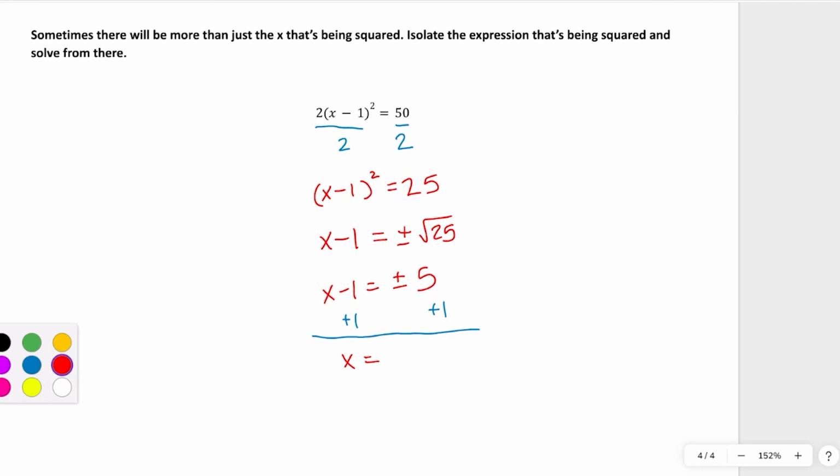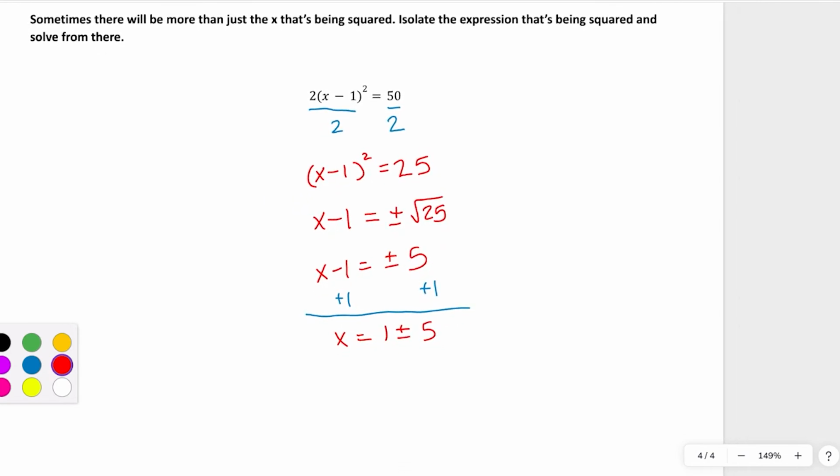So x will be 1 plus or minus 5. So we have to do 1 plus 5 and also 1 minus 5. This is going to give us 2 different solutions that aren't just going to be plus minus. So 1 plus 5 would be 6, and 1 minus 5 is negative 4.